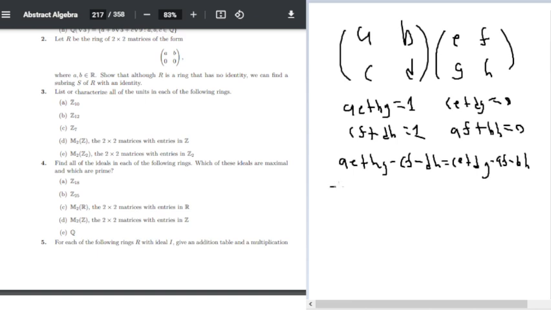So then we have minus CE minus DG plus AF plus BH, and we subtract that, and this is equal to 0.